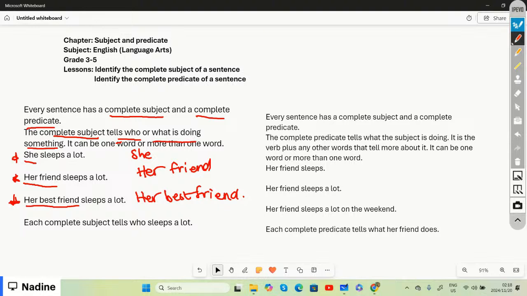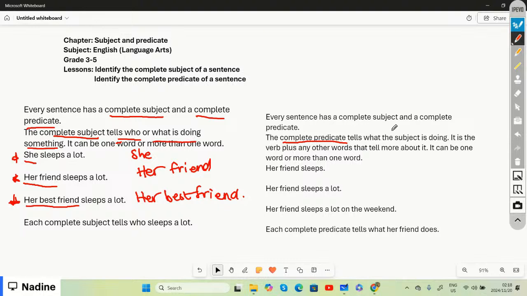All right. So now we said that every sentence has a subject and a completed predicate. So now we're going on to the completed predicate. How will we be able to identify a completed predicate?